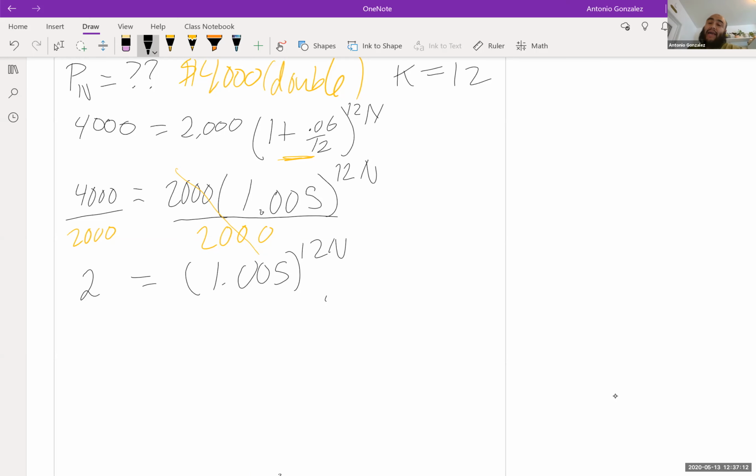Okay, and now I have the n that I want to solve in the exponent, and at this step is where I'll take the natural log, or the logarithm, of both sides here.